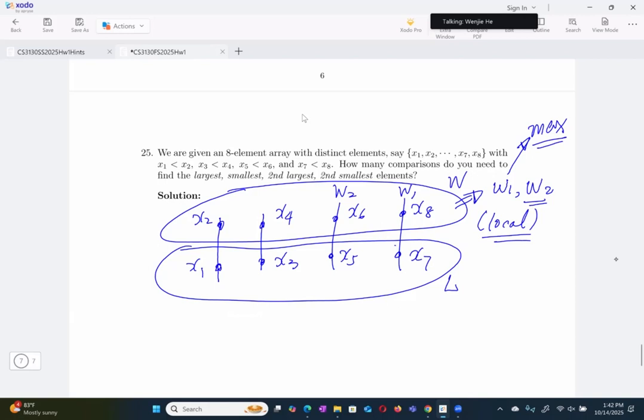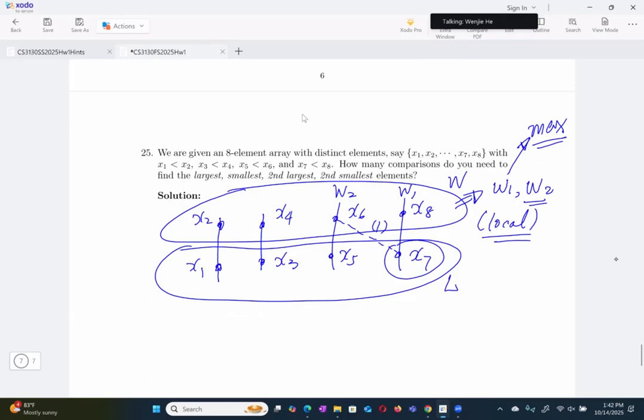So the only one that could be greater than W2 is X7. So you need one extra comparison between W2 and X7. One more here. But you need to find the second largest.